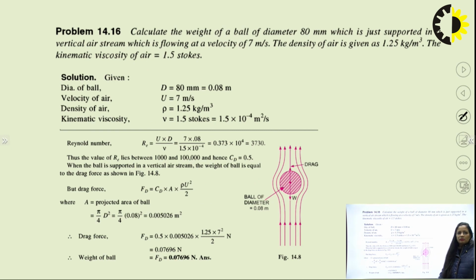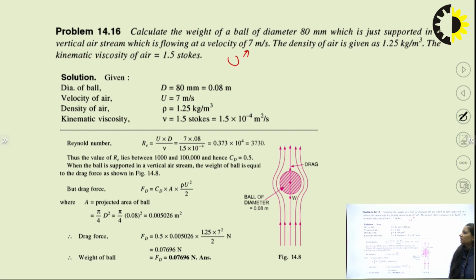This is another question, containing the weight of a ball of diameter 80 mm. The question is: calculate the weight of a ball of diameter 80 mm, which is just supported in a vertical air stream flowing at a velocity of 7 meter per second. Here your u or u infinity is given as 7 meter per second.